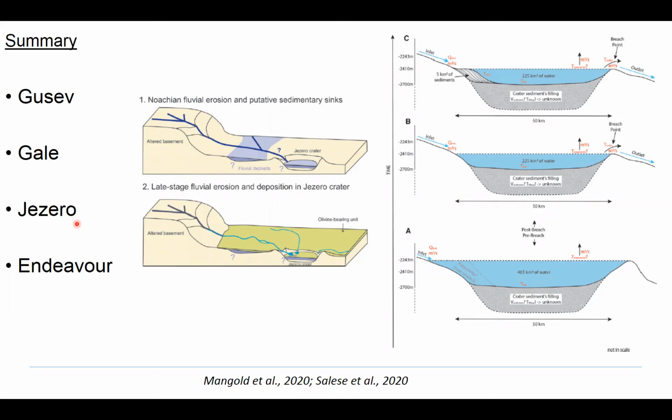There are recent studies on Jezero by Mangold and Salese, where they have quantified the amount of water required to fill Jezero and to outflow, and how much deposit and how much time it would take.